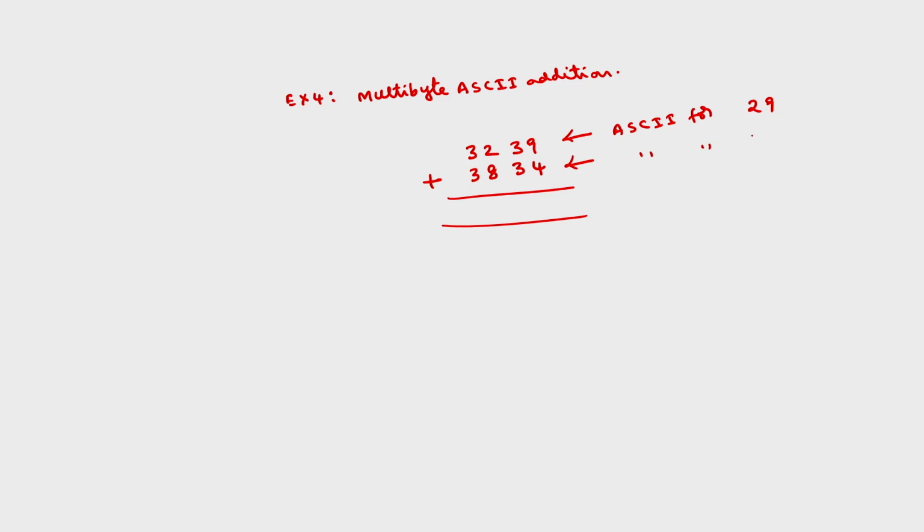For example, if I take 32, 39 plus 38, 34, this is the ASCII code corresponding to 29, and this is the ASCII corresponding to 84.